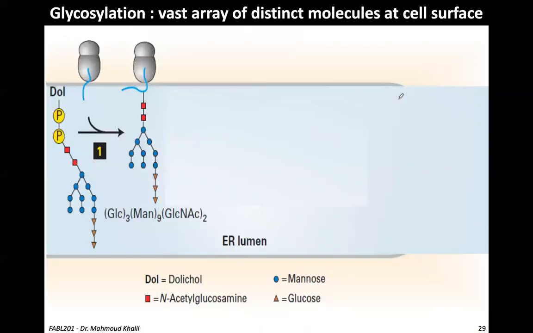The last type of modification we will take in our lecture today is called glycosylation. So what's actually glycosylation? Glycosylation is adding a carbohydrate molecule in complex with the protein which is translated.